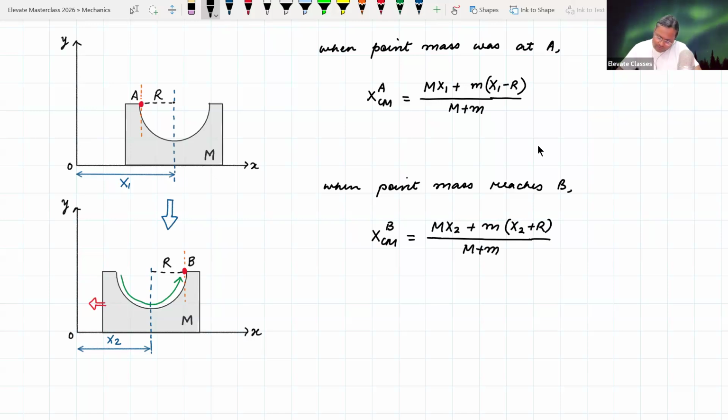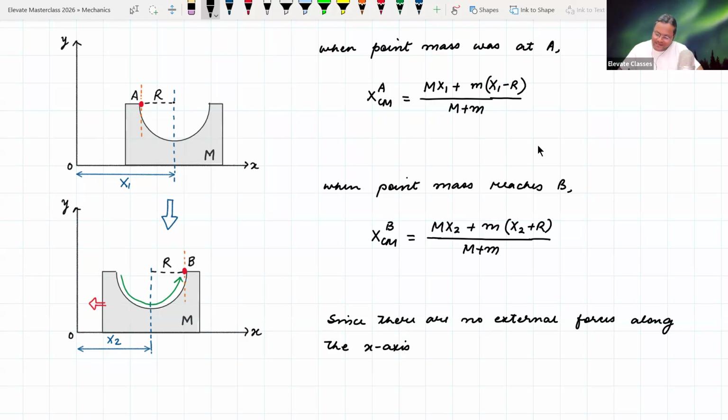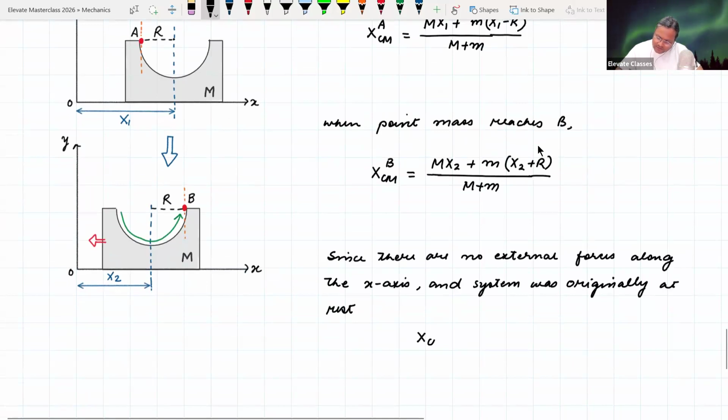तो यहां पे कॉन्सेप्ट क्या है? Since there are no external forces along the x-axis, and the system was originally at rest, so the center of mass initially is equal to the center of mass at a later stage.